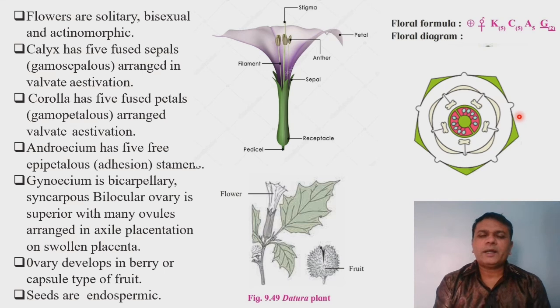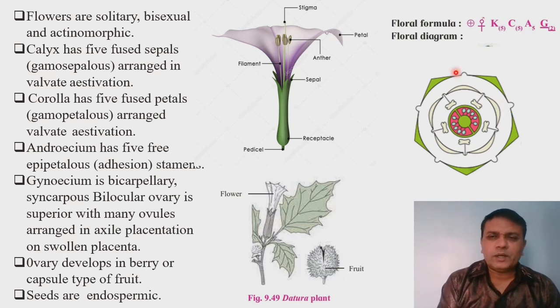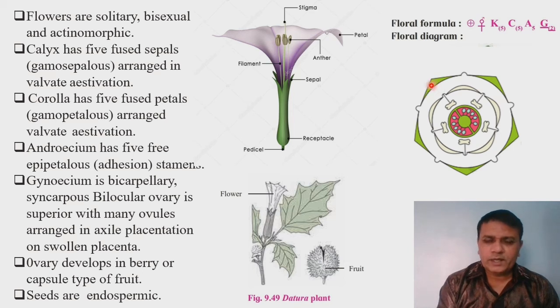Now the floral diagram shows the outermost green-colored whorl, that is the calyx, and the calyx consists of a total of 5 sepals. Here we can see the first sepal, then second, third, fourth and fifth.